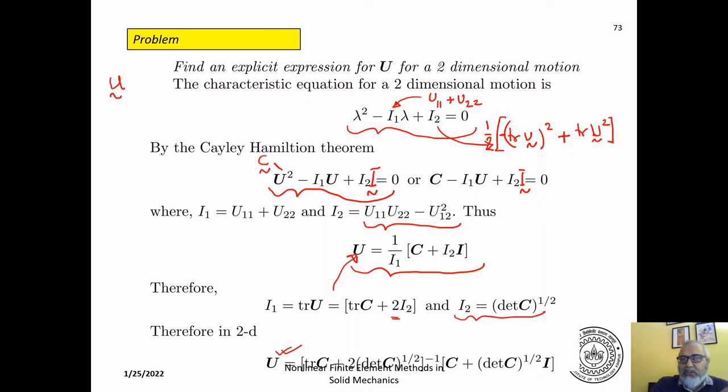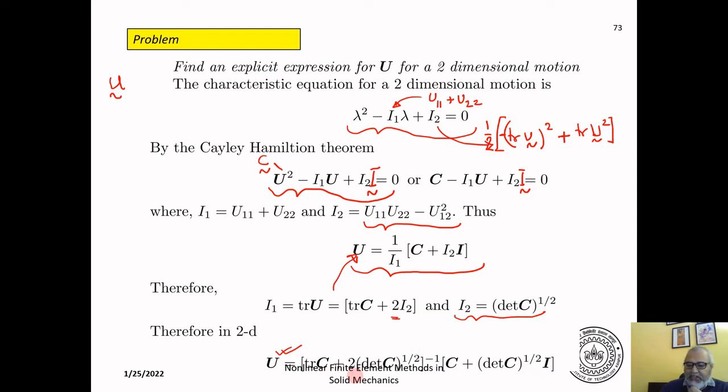Then we did the transformation to get u in the x1, x2 coordinate system, and then from that found r and so on. We don't have to do that if we have this expression directly in terms of c. We don't have to find the eigenvalues anymore.